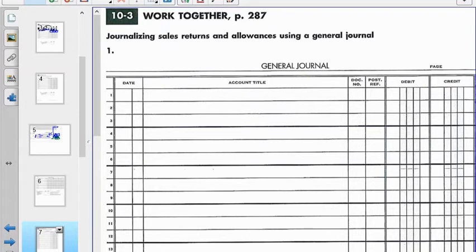We have an account receivable that has a normal debit balance. As that normal debit balance goes up, it says that they owe us more money. When they pay us off, that is a credit. Well, what happens when we sell them stuff? They don't want it and they send it back to us. The account receivable has got to go back down or have a credit to account receivable. Hence why we're calling it a credit memorandum.